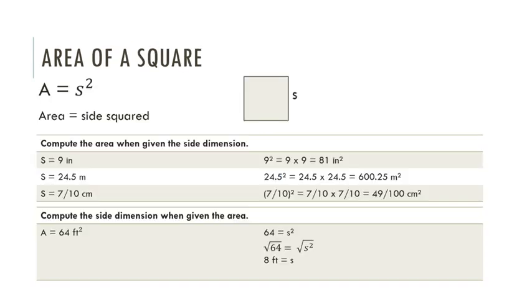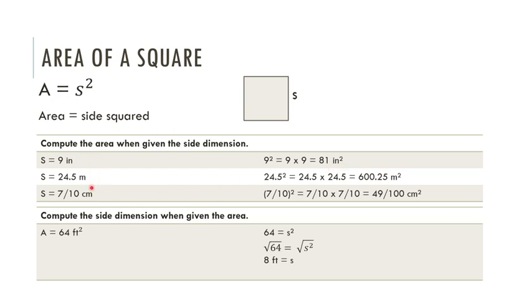So the first area formula is for a square, and this says area equals side squared. Because all of the sides are going to be the same in a square, we just need one dimension, which is the side dimension. We're going to plug in that amount into the formula. 9 squared is the same thing as 9 times 9, which will give us the 81 inches squared.